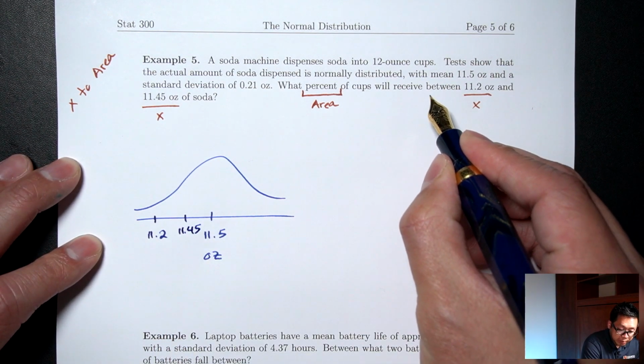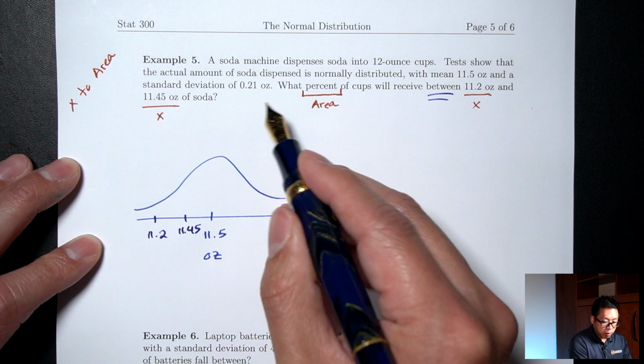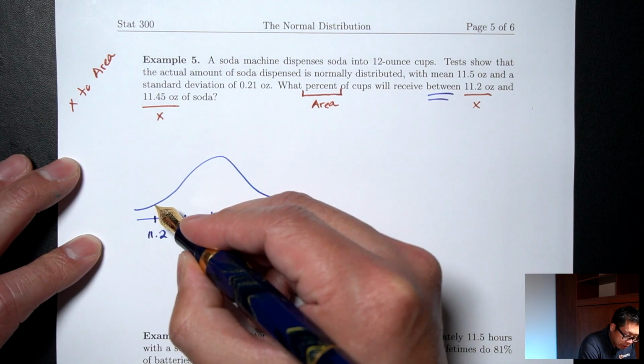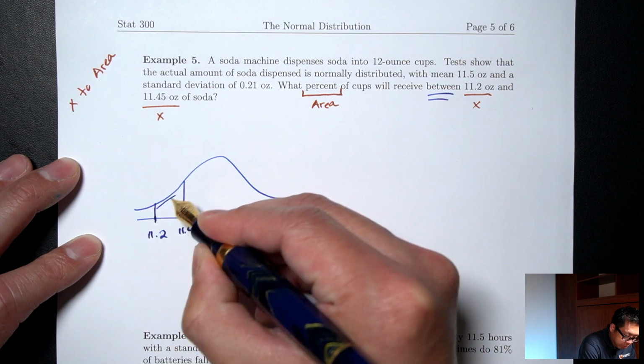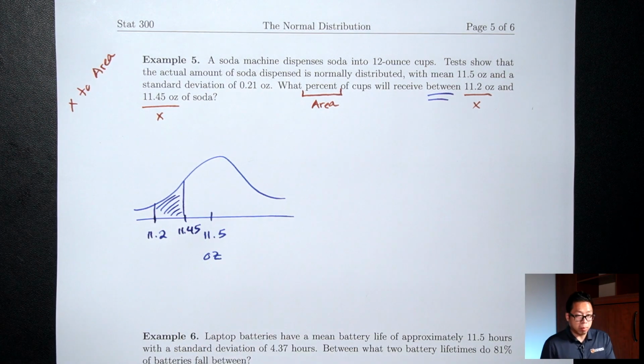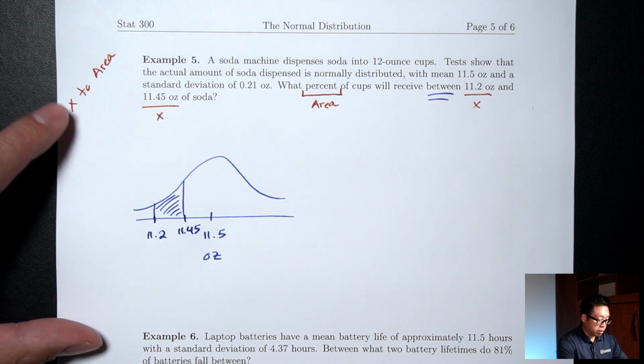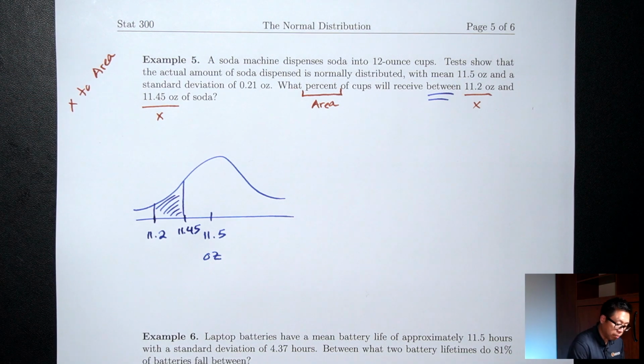It says here between. So I'm looking for the area between 11.2 and 11.45. So I'm looking for that area. Okay, so we're set up now. This is an x to area that is shaded between.